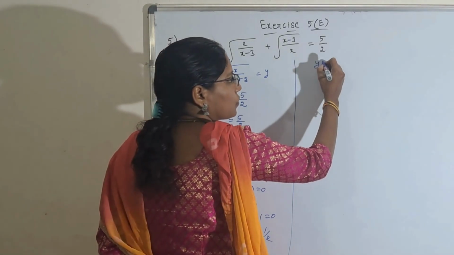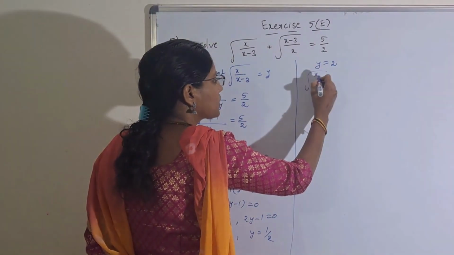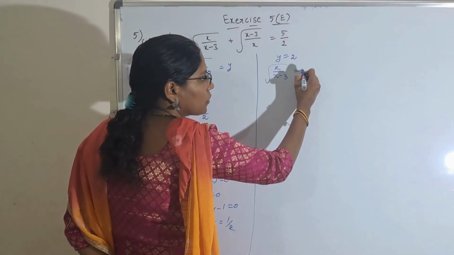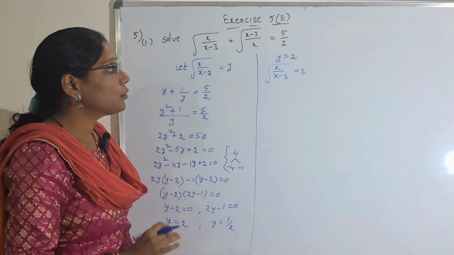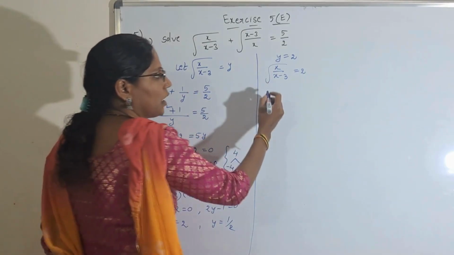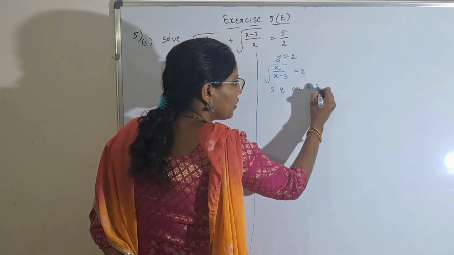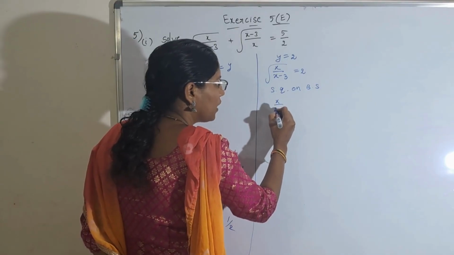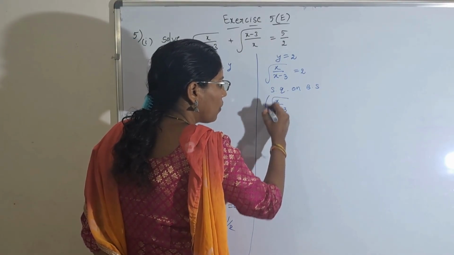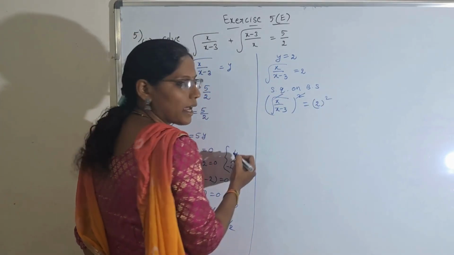Y is equal to 2. We take first y, that is root of x by x minus 3, equal to 2. We have to remove that square root, so we do squaring on both sides. Here x by x minus 3 whole square is equal to 2 square. Square root cancels.